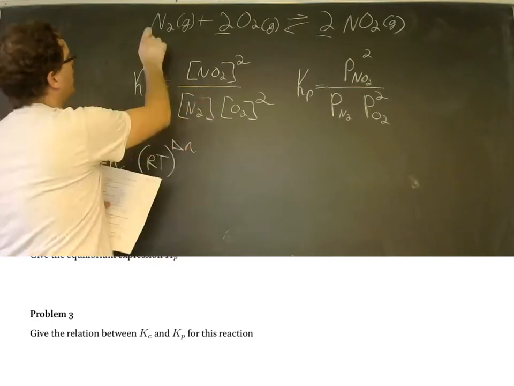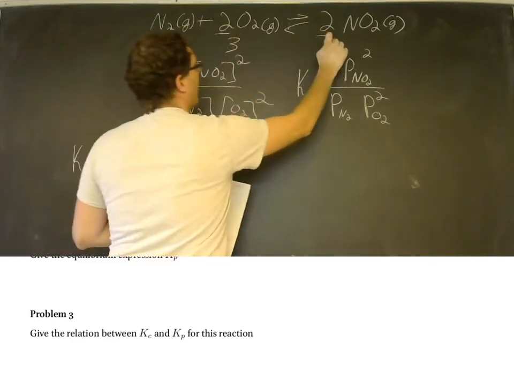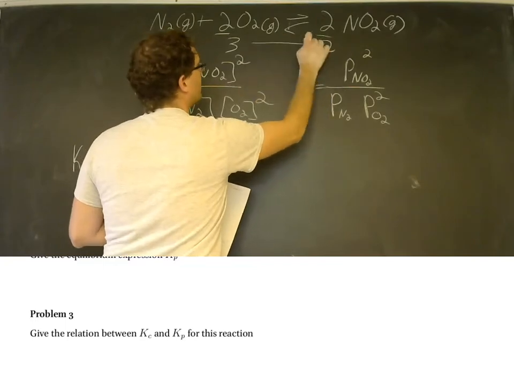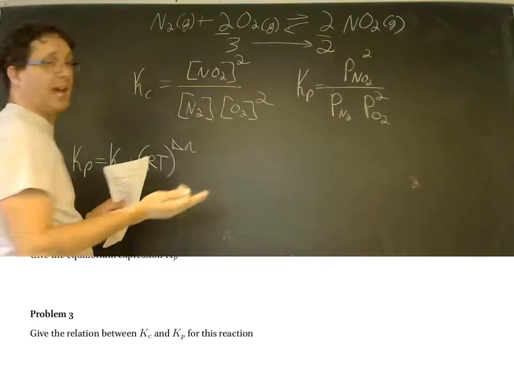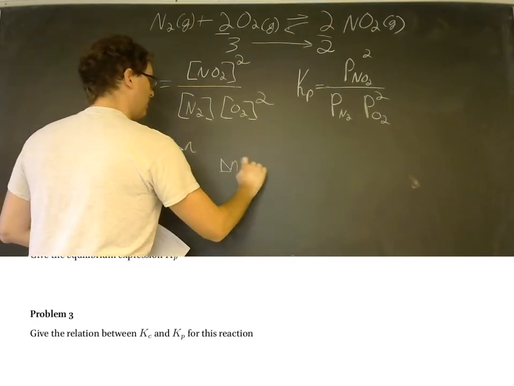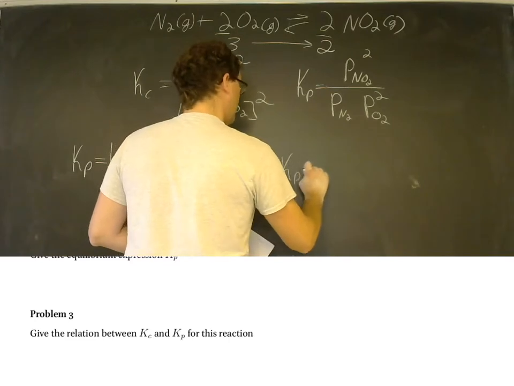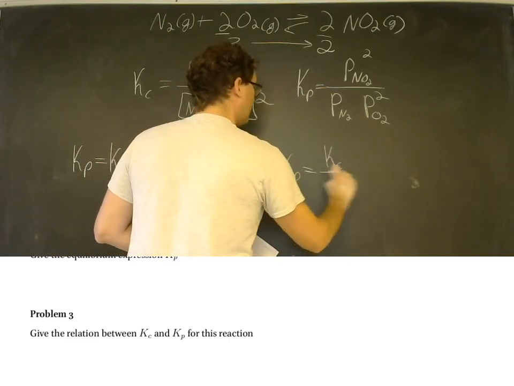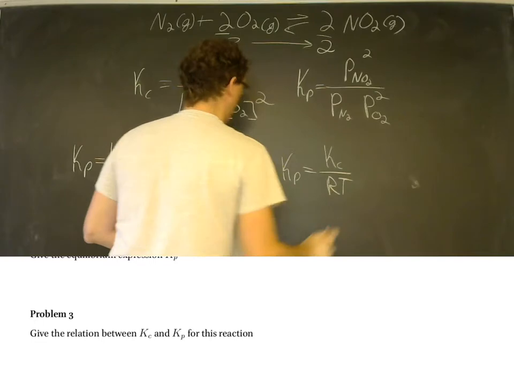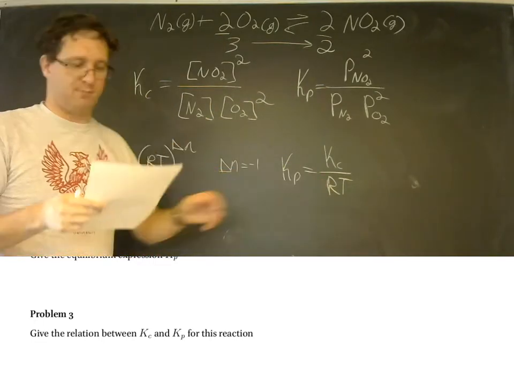So here we have 1, 2, 3 moles of gas, and here we have 2 moles of gas. And so that means that delta n is equal to -1. Delta n equals -1, and so Kp is equal to Kc over RT. RT raised to the -1 power is just dividing by RT.